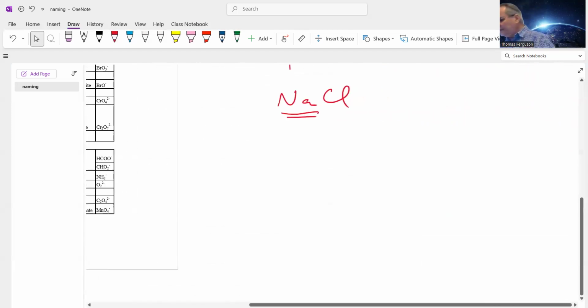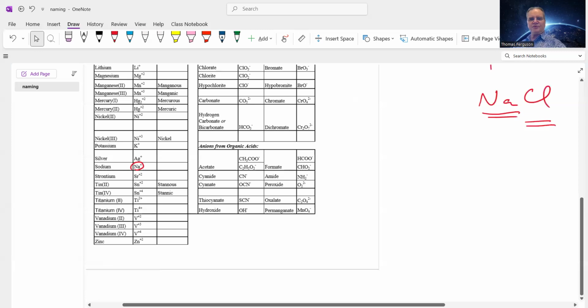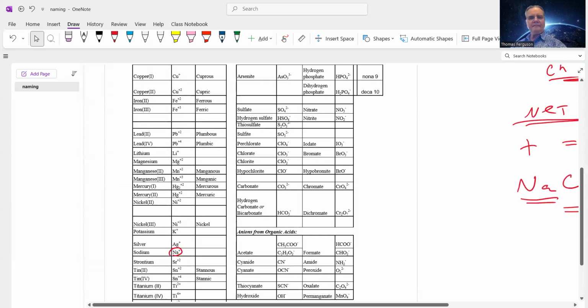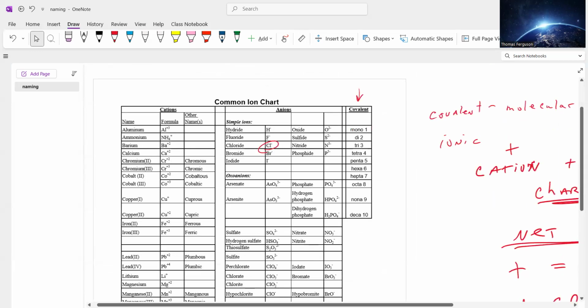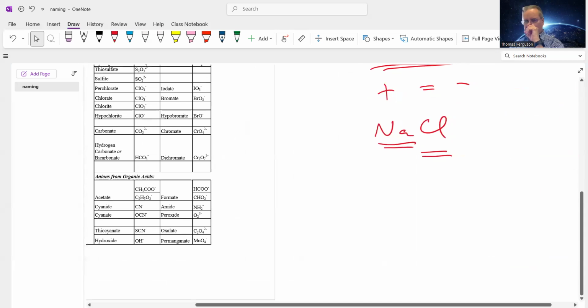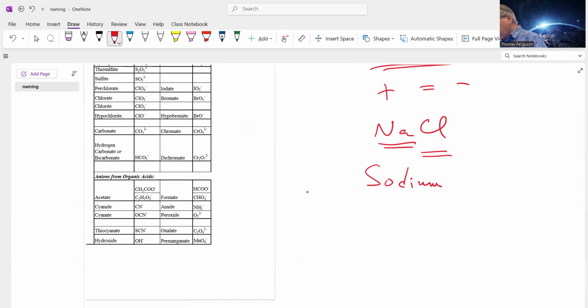The second one is, do we have an anion on the right side of the chart? And lo and behold, we do. Okay, so that's officially an ionic compound. So to name this, you're going to go sodium chloride.